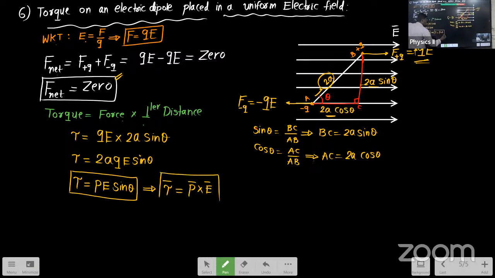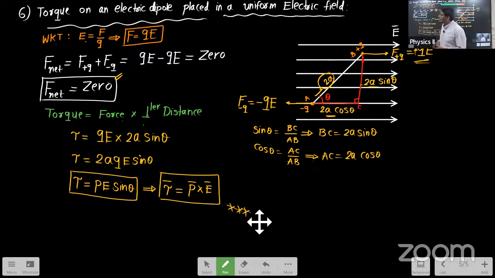So this is the end of our final SAQ from electric charges and field. In total, we have six important concepts from electric charges and field. First was Coulomb's law. Next, we discussed Gauss law. Then we started the concept of electric field intensity, and we determined the electric field intensity for a point charge, along the axial line and along the equatorial line due to an electric dipole.